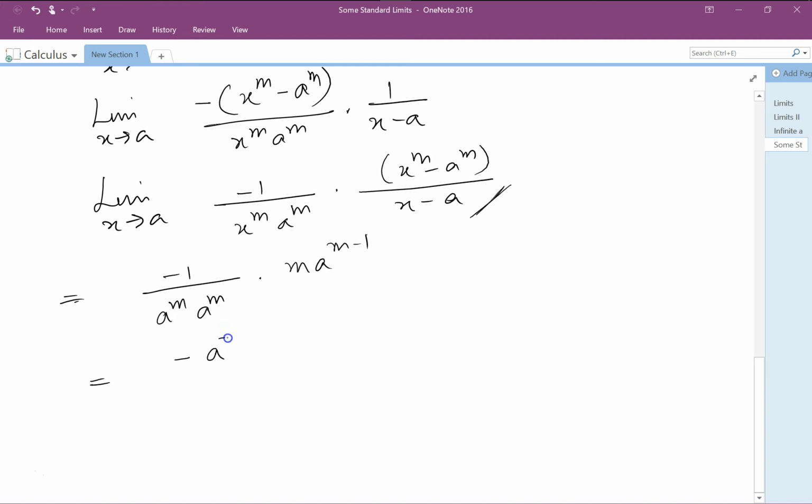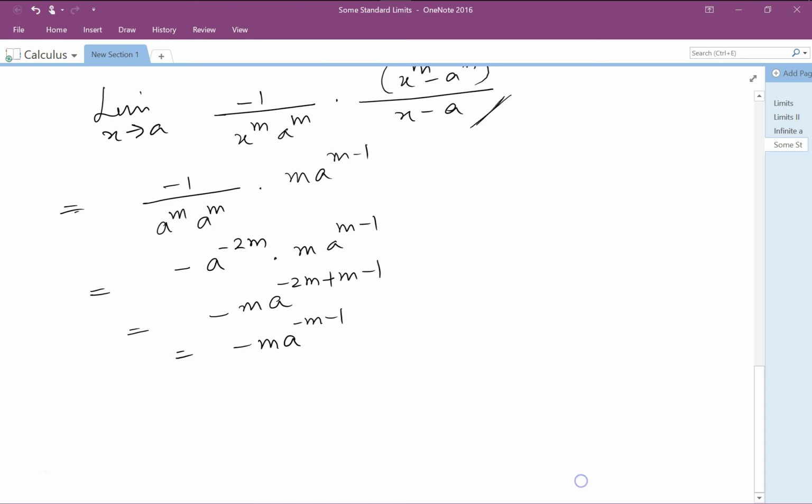Minus a to the power of minus 2m times m a to the power of m minus 1. So this is equal to minus m a to the power of minus 2m plus m minus 1. So this becomes minus m a to the power of minus m minus 1.